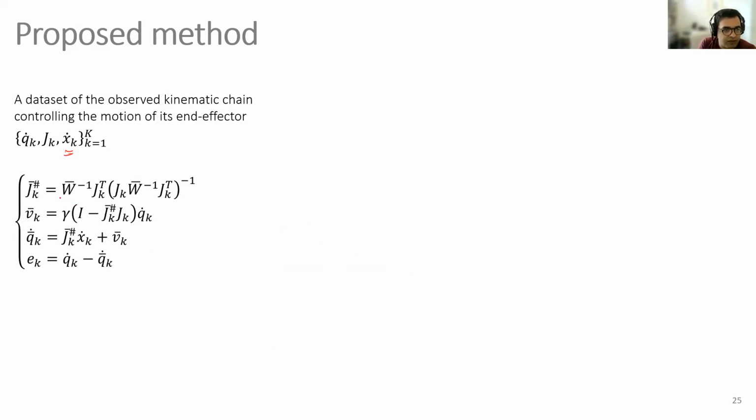If at any time I start with an estimation of weights, then I can have a pseudo inverse. Then I have null space velocity. I change my notation because I need the subscript k here. So I have a null space velocity, and this gives me an estimation for the joint velocities, and the difference between these two is the error of my estimation.